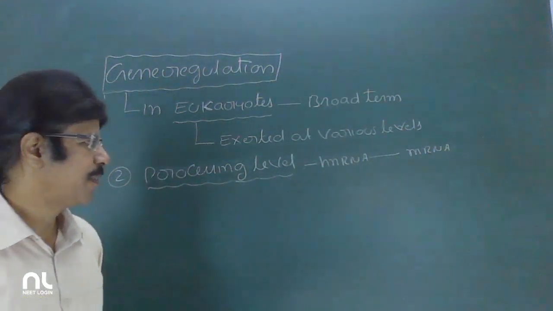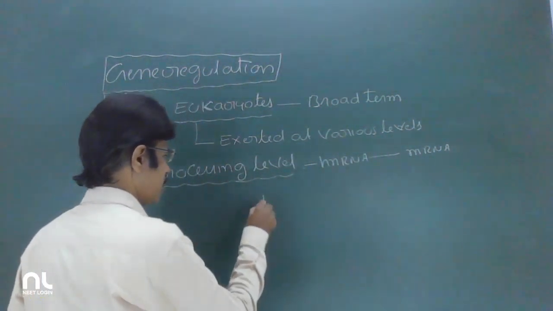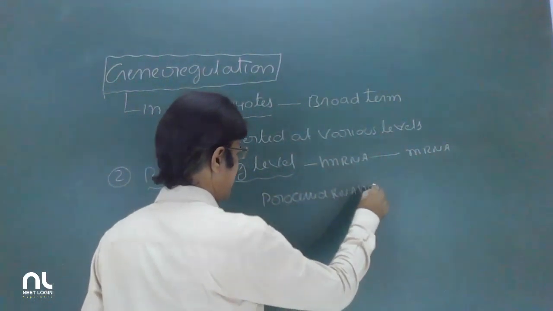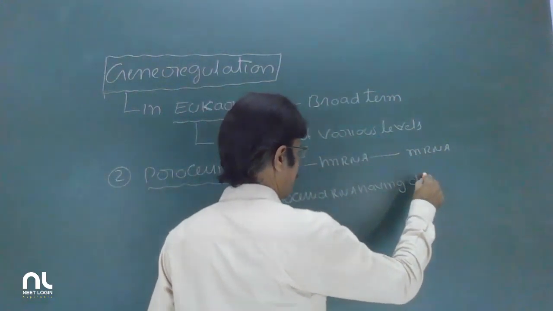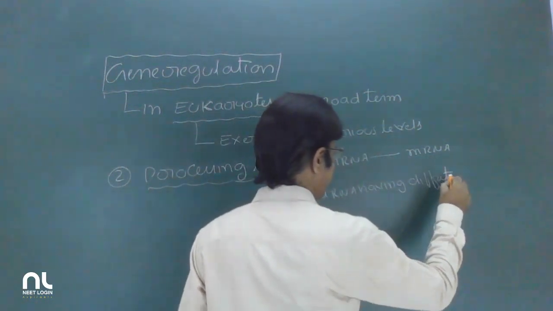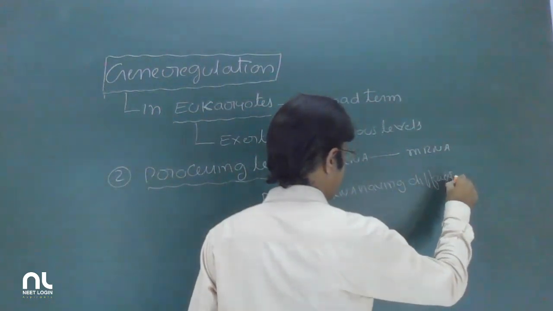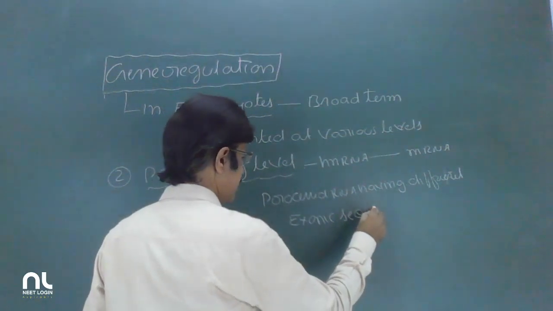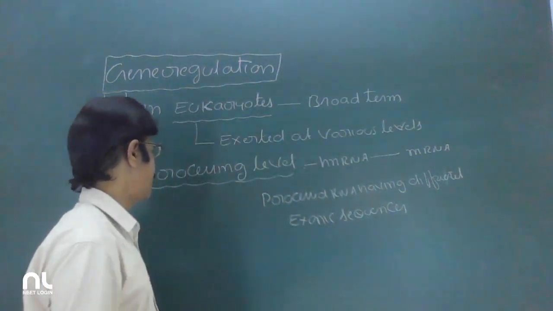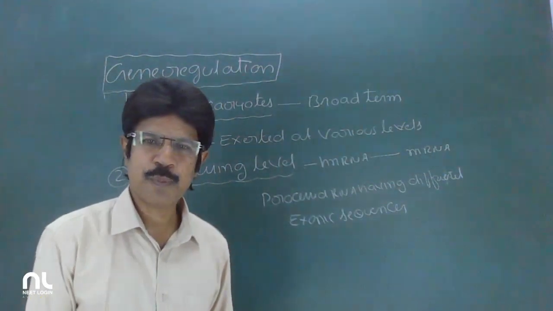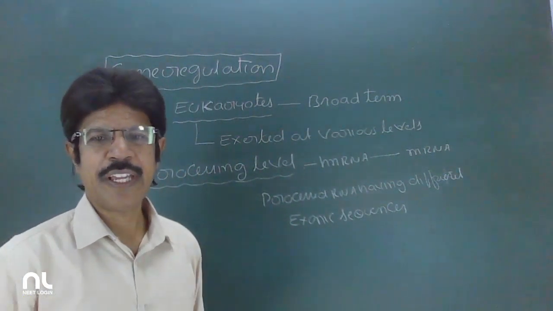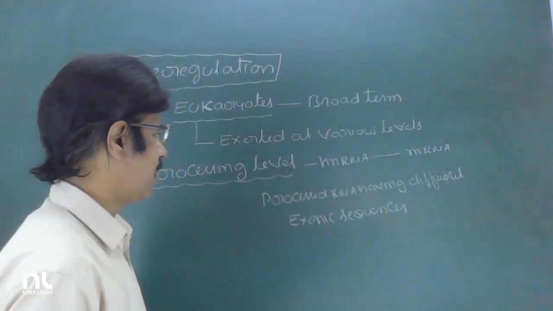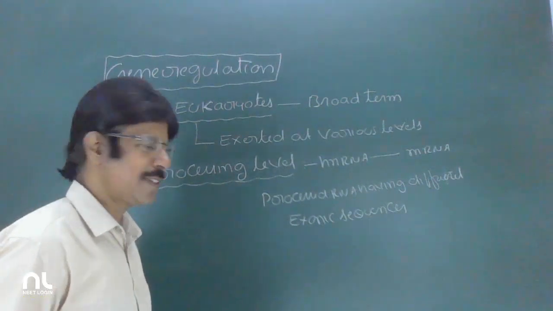In the text only one sentence is given, processing level. We know processing converts hnRNA into mRNA. So processed RNA has different exonic sequences.